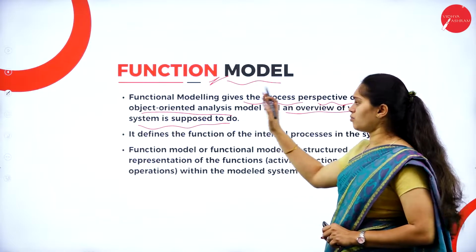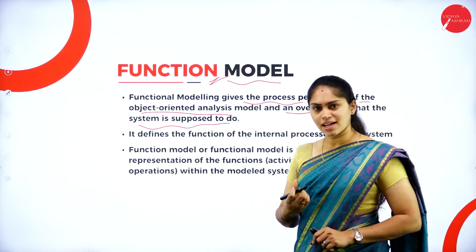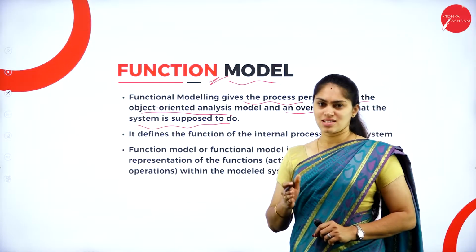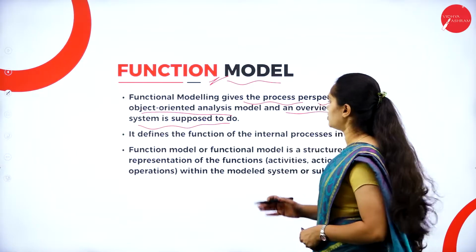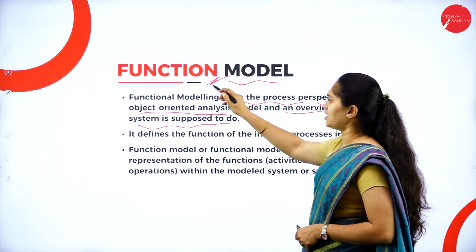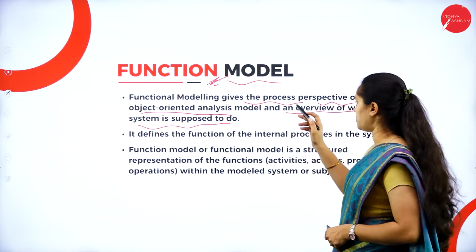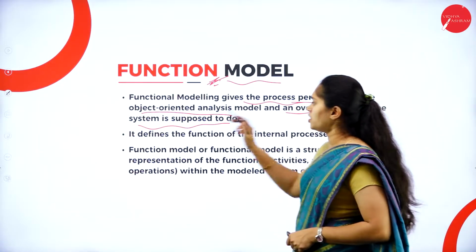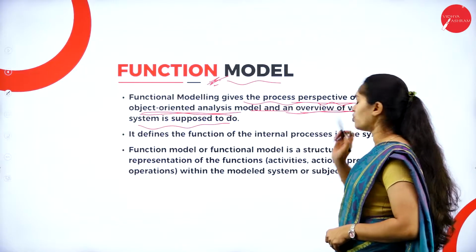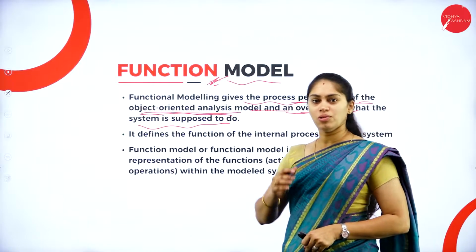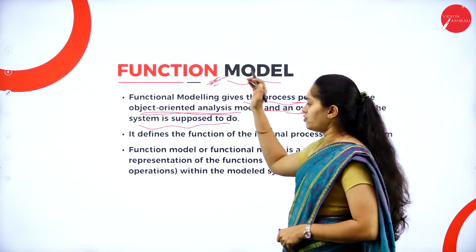Mainly this function modeling concentrates on the functionality of a system, what it's supposed to do and how it will be done. All those will be represented in the function model. So that is regarding function modeling.